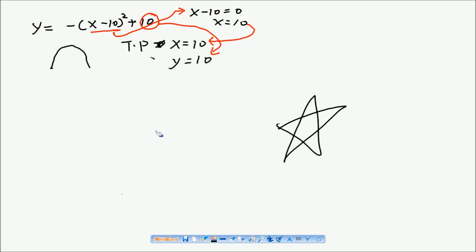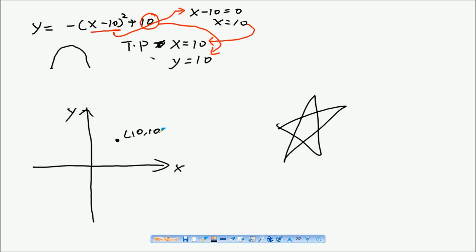Okay, x and y, and (10, 10) is the turning point.